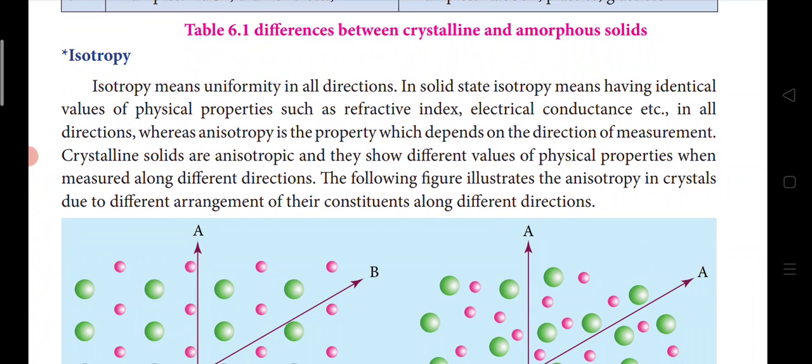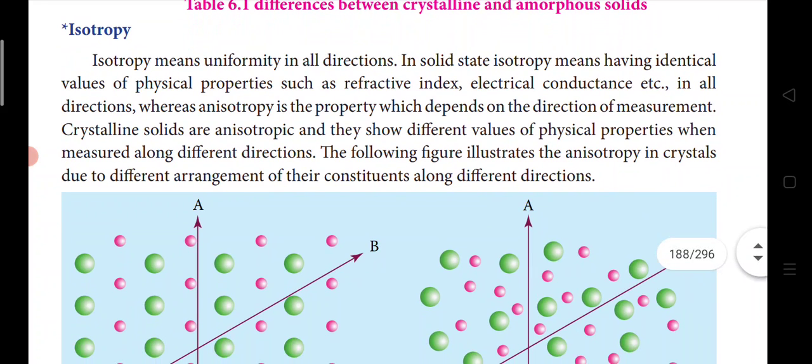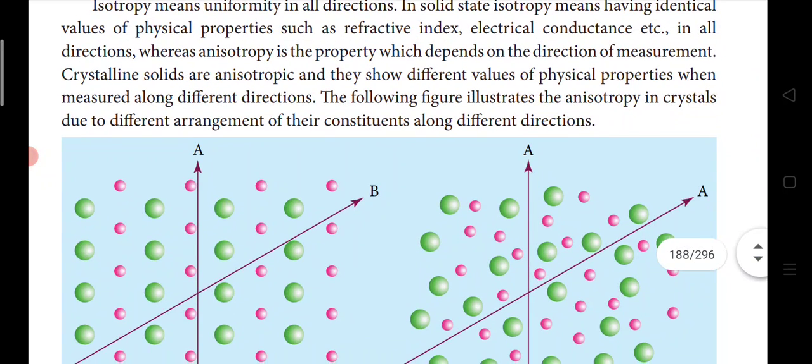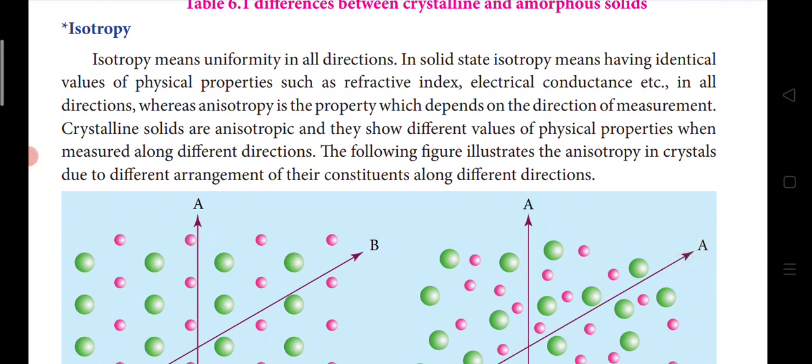So let's see what is meant by isotropy. Isotropy means uniformity in all directions. Which means if you pass light or heat or anything, it will pass uniformly. Whichever direction you place the light to pass through the solid, it will move in a single uniform manner.